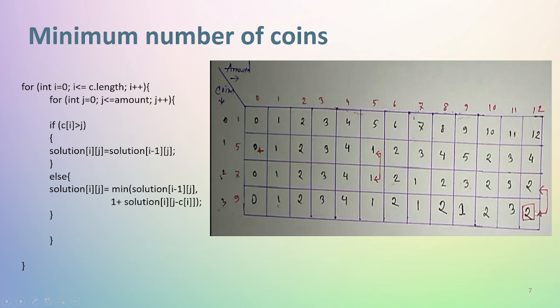If the value is the same, then we go above, and 2. Here we can see 5 taka, 2 taka. Okay, we go to the next slide.